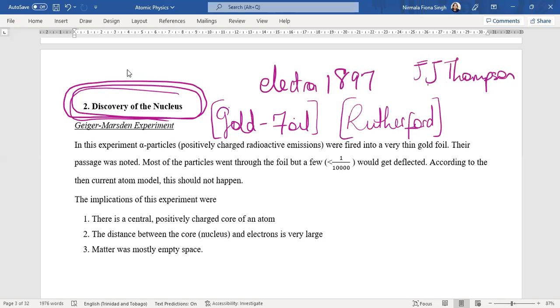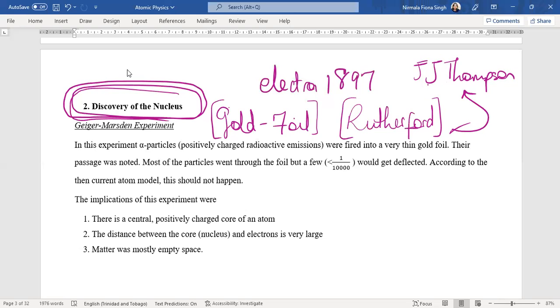I will always call it that because these were the guys who were doing the work. All right, it was Hans Geiger and Ernest Marsden. They were master students, so probably PhD students of Sir Ernest Rutherford. All right, and Rutherford had worked with J.J. Thomson. All of these guys worked together. They were in the same general area, right, at the time.